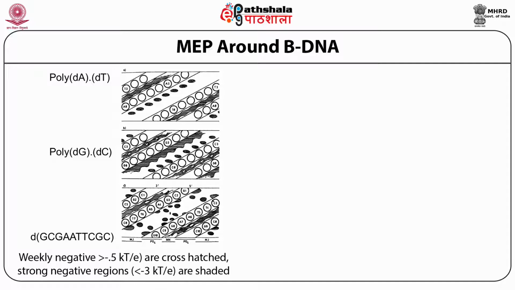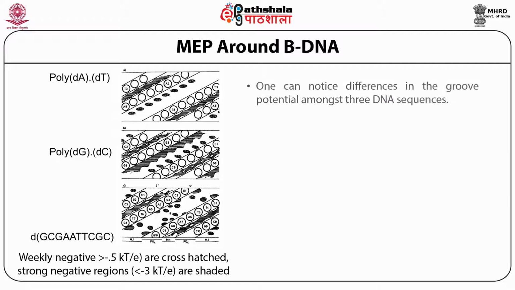In this picture, the weakly negative regions, where the potential is greater than minus 0.5 kT, are cross-hatched. Strong negative regions, which are less than minus 3 kT, are shaded. One can notice differences in the groove potential among the three DNA sequences.